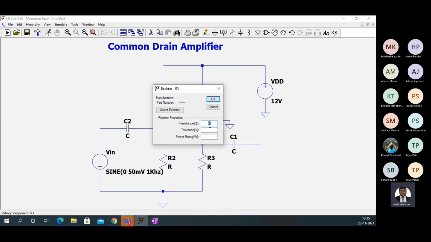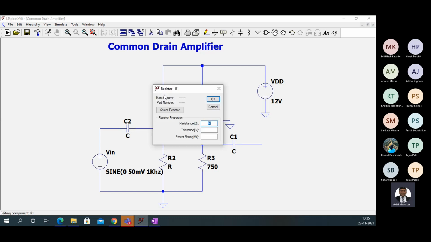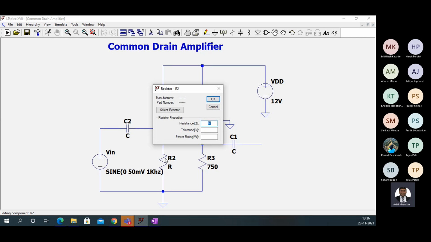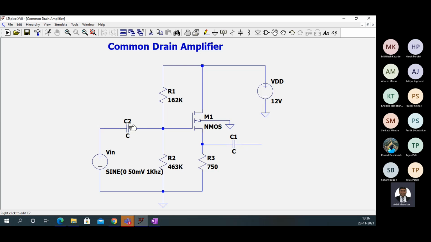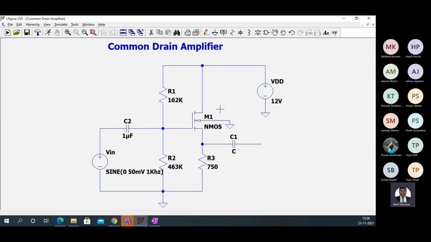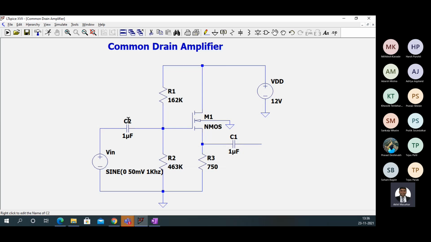So R is 750, and R1 and R2 are how much? 162K and 463 kilo. And this is 1 microfarad, and this is also 1 microfarad.